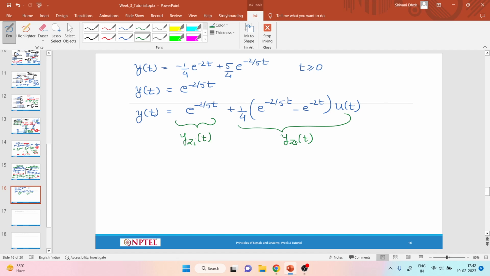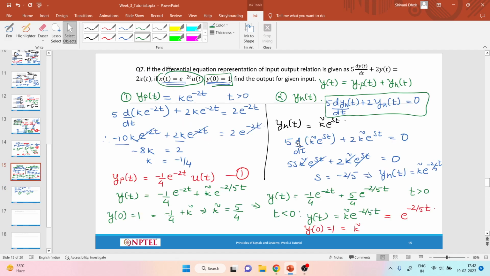Madam, we can find the y of t from Laplace also, right? Laplace has not been covered yet, but if you go with Laplace, it will be very simple to find it. Yes. I'll take the same question using Laplace in the next tutorial and we'll get the same answer. But at that time, I'll have to set this y of 0 equal to 0.